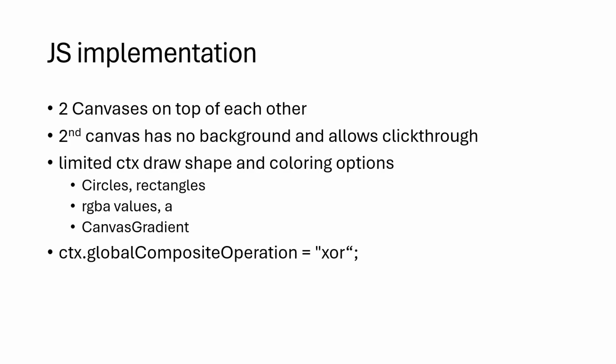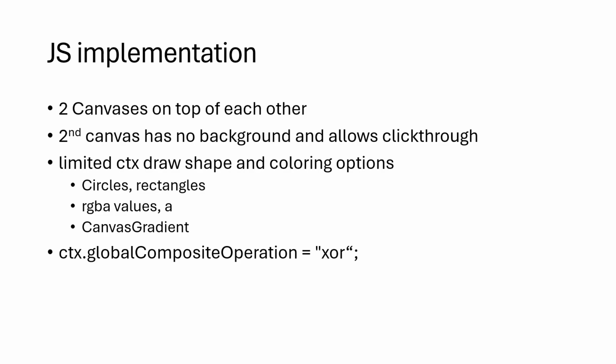When using this version of light maps, we're limited by what CTX can draw and what it can color. The easiest way is just to apply RGBA values to the fill and draw circles and rectangles around whatever objects you want to use.